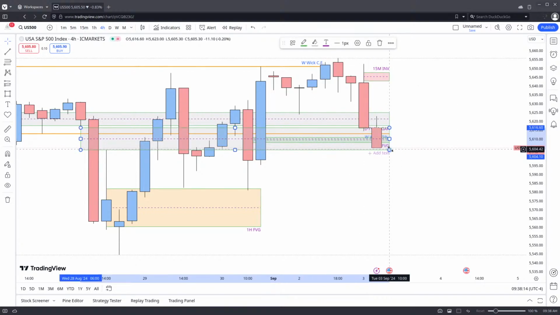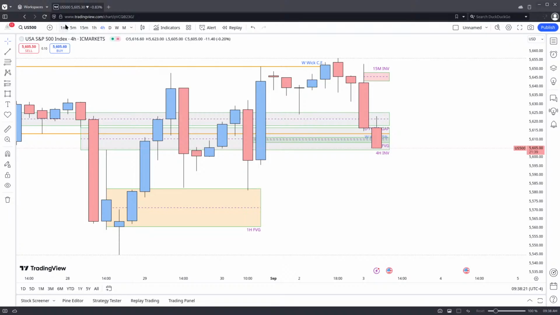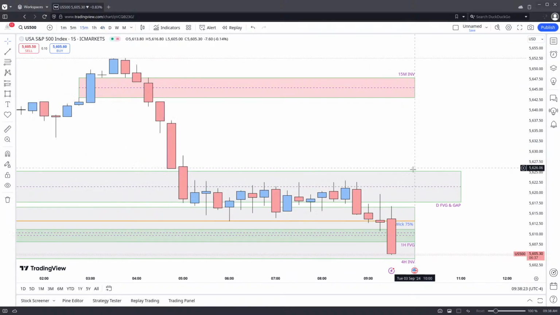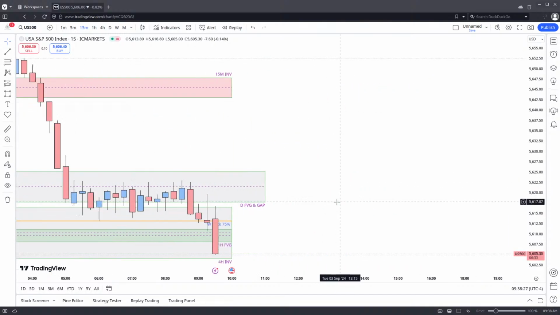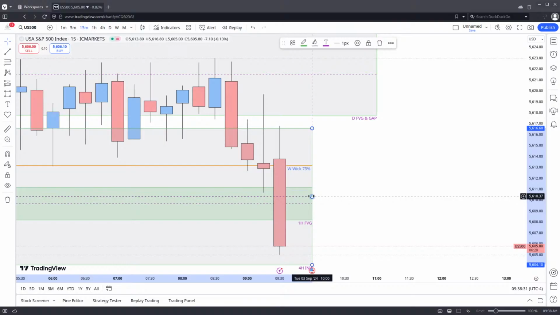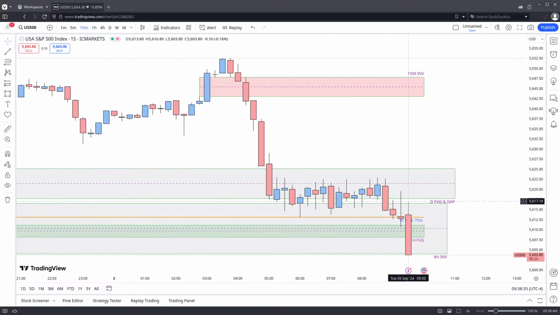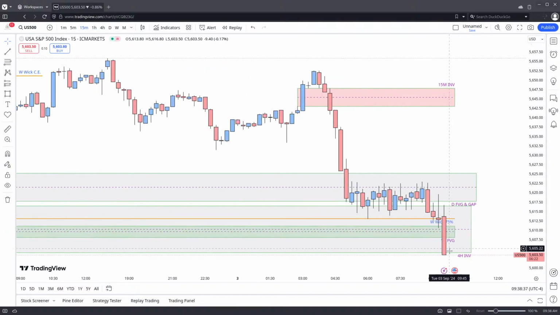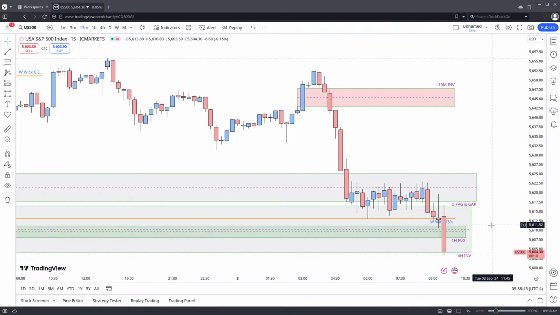But I want to see how deep we have traded into that. Consequent encroachment, we're basically trading through that now. So I'm going to keep that 4 hour inversion on the charts, and I'm going to leave this 1 hour inversion on there.